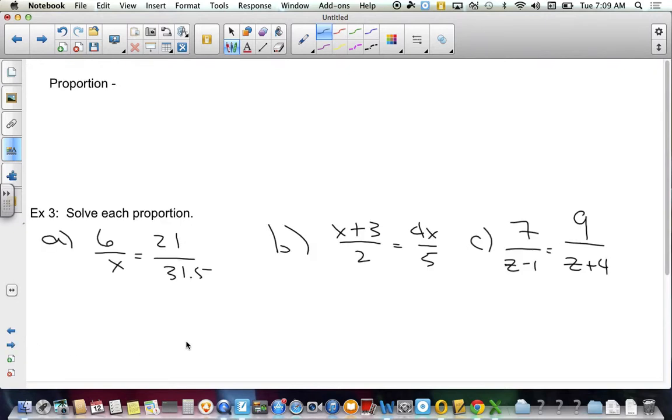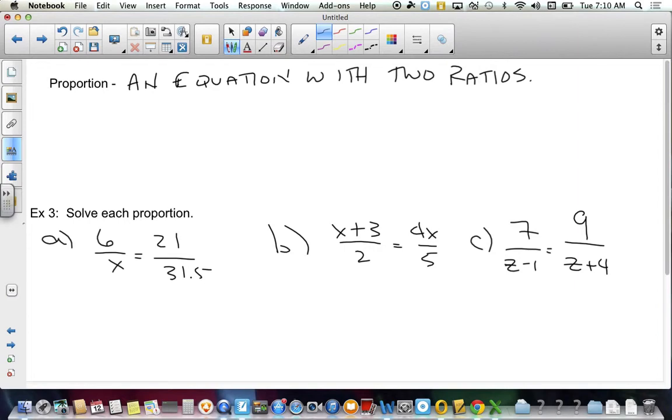Next, we want to talk about how we solve proportions. So that's going to be the next thing. A proportion is a comparison of 2 ratios, which is an equation with 2 ratios.